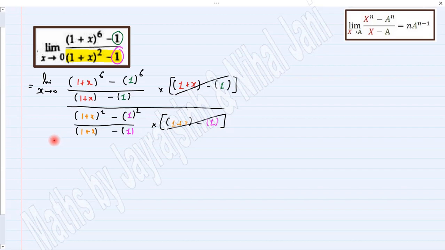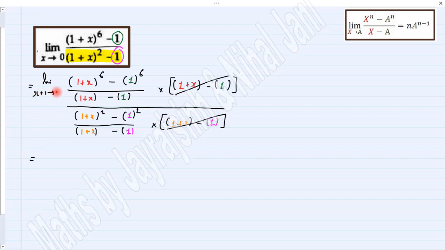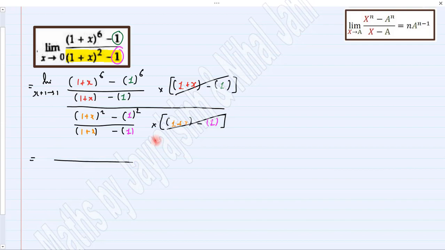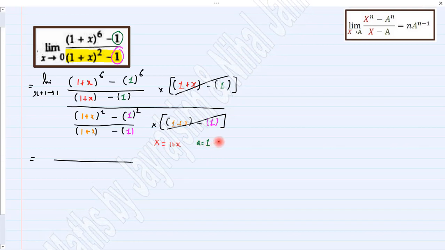So let's cancel out. Now let's focus on the numerator. We have x tends to 0, or we can say we have 1 plus x tends to 1. So we get proper form in the numerator, where your X is 1 plus x, and A is 1, and your n is 6. So let's apply the formula.